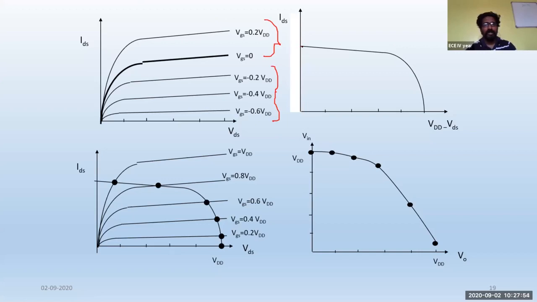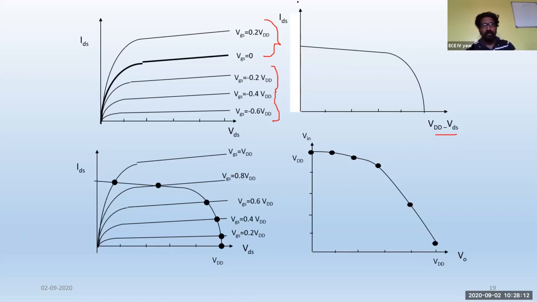So this is the characteristic between the drain current and the VDS. And these are a few more characteristics regarding how your VDD will be acting with respect to different voltages whenever you supply the input. This is how we will be supplying.